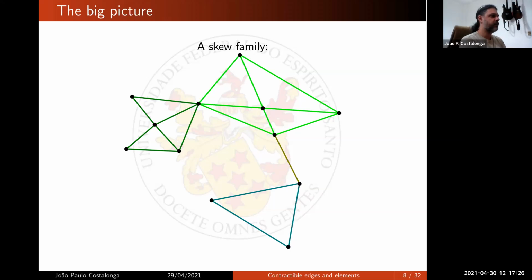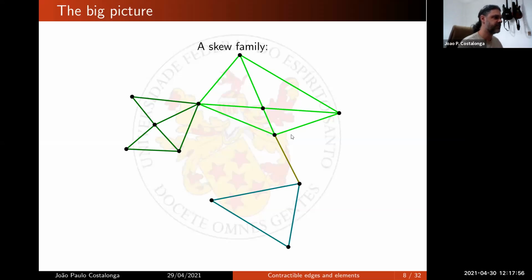And here's an example of a skew family. Think of each color class of edges as a member of the family. So we have cycles here, but each cycle, for instance this triangle, is inside a member, inside of this light green member. We have cycles inside of this dark green member, but no multicolored cycles.